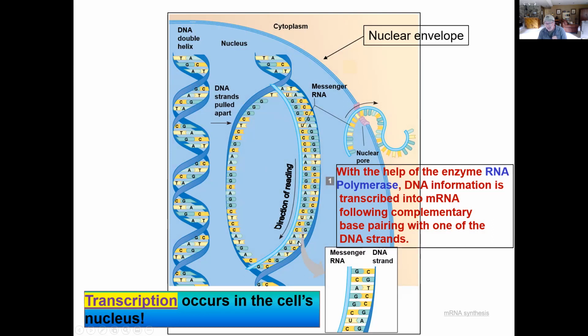If we have an A in the DNA, we have a U in the RNA. If we have a T in the DNA, we'll have an A in the RNA. If we have a G in DNA, we'll have a C opposite it in the RNA. So this sequence of bases of the RNA, the messenger RNA, that's determined, isn't it, by the base sequences of the DNA.